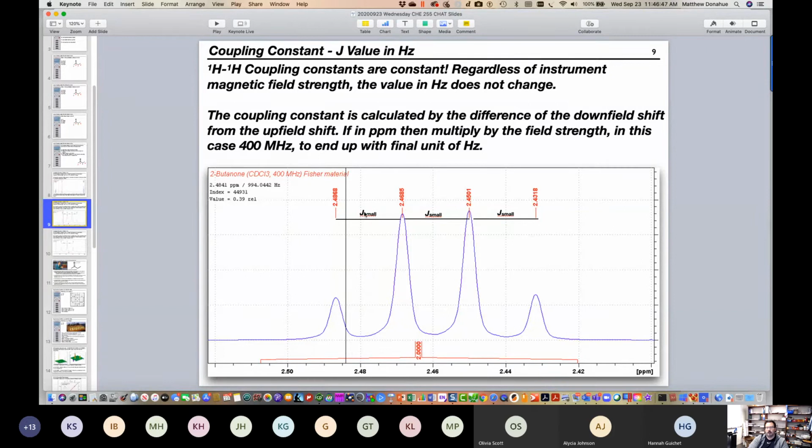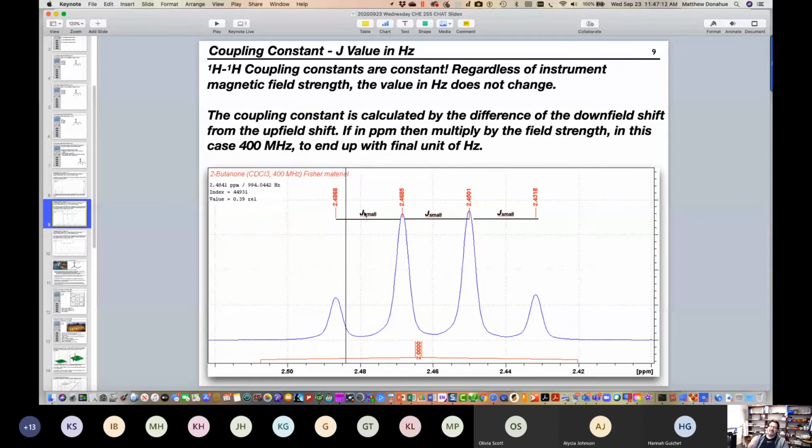What do you get when you do that? So yeah, you should come up with basically the same number, 7.32 Hertz.